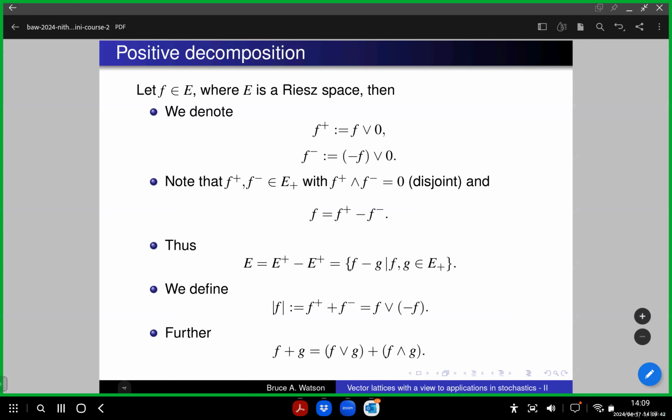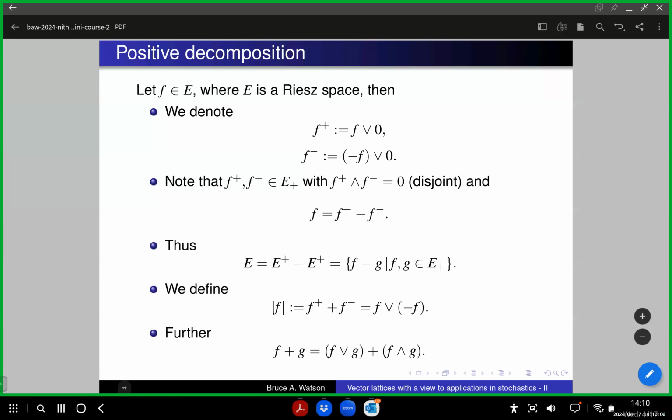So if we know what is happening on the positive cone of our Riesz space, the likelihood is we know what is happening in the whole Riesz space. This goes for operators when we get there and other objects like that. So one can often work on the positive cone and then rebuild the rest of the structure later.